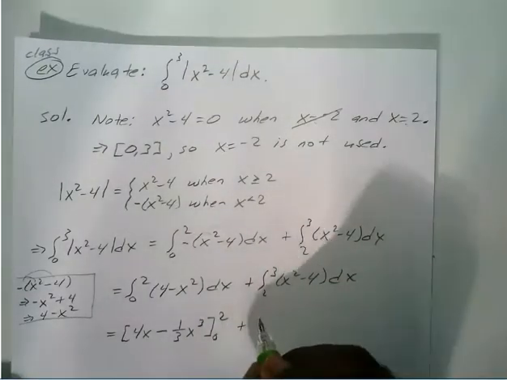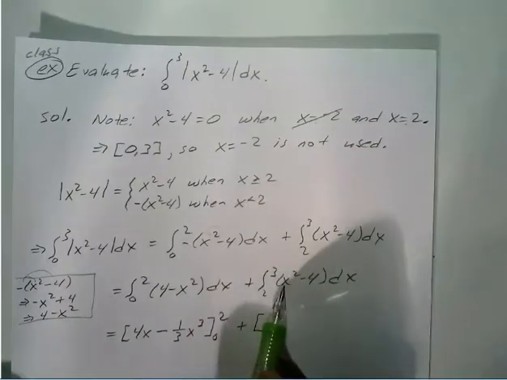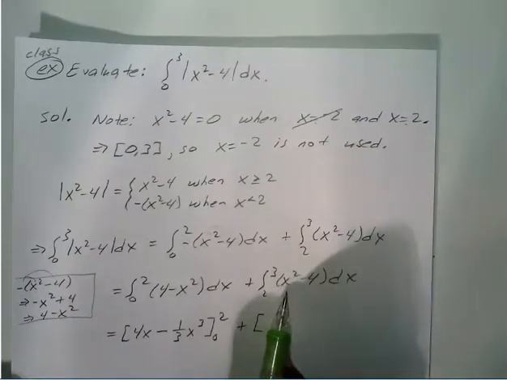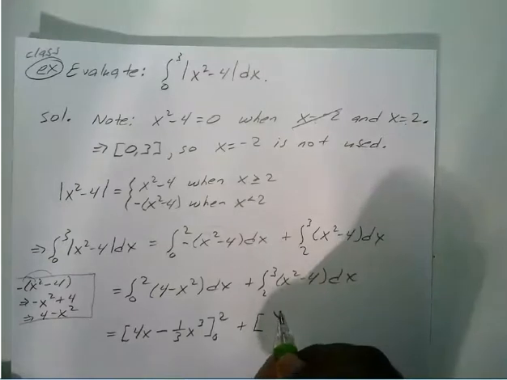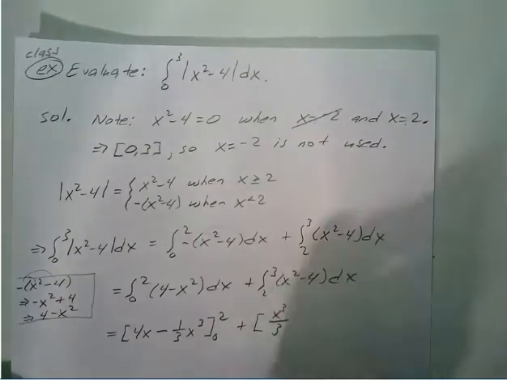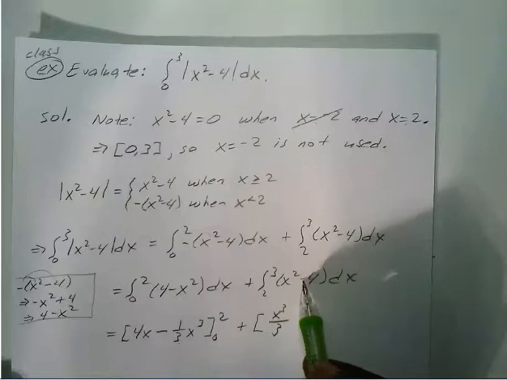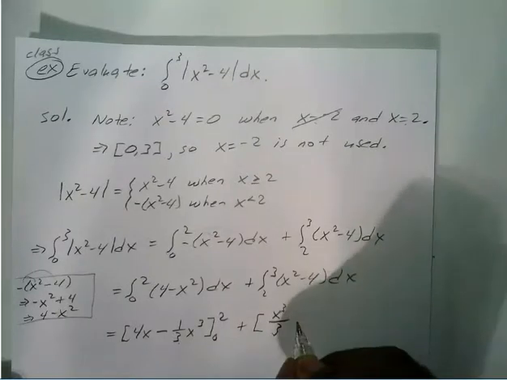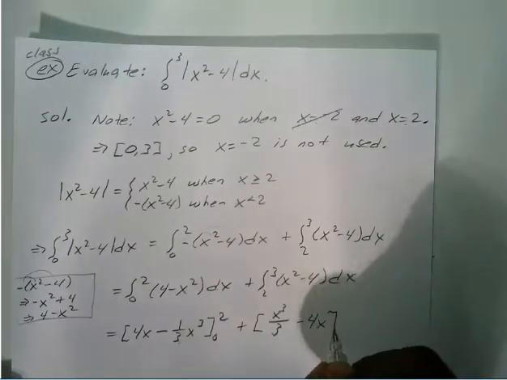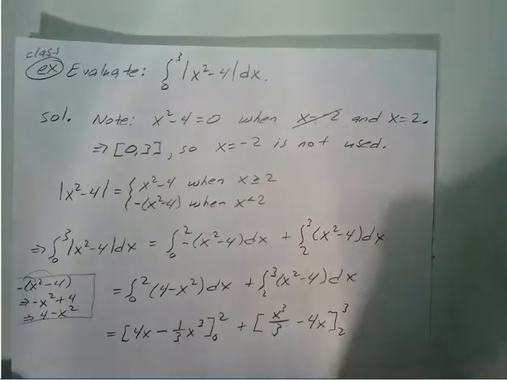Okay, so plus, if we integrate x squared, we get x to the third over 3, or 1/3, doesn't matter how you write it, x to the third over 3. So you can write it this way or this way, same thing. Whichever one's more convenient for you. Okay, so minus the integral of 4 is just 4x, so minus 4x, and that's from 2 to 3.